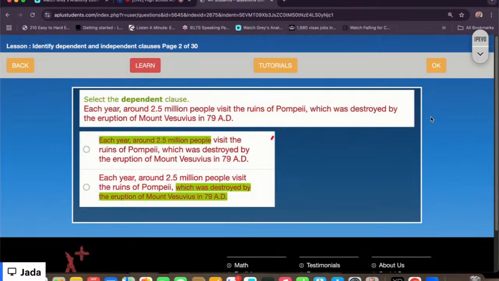Each year, around 2.5 million people visit the ruins of Pompeii, which was destroyed by the eruption of Mount Vesuvius in 79 AD. So where's the dependent clause here?